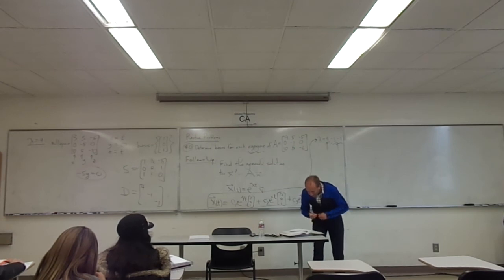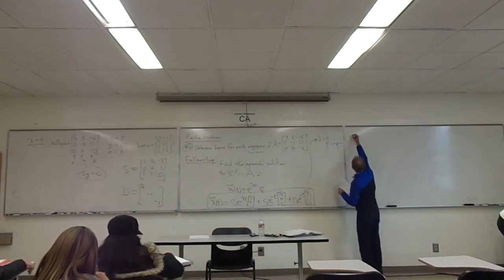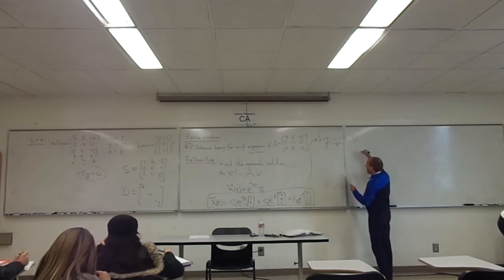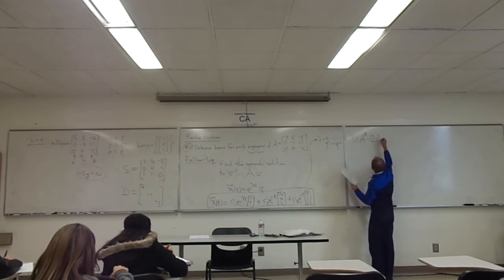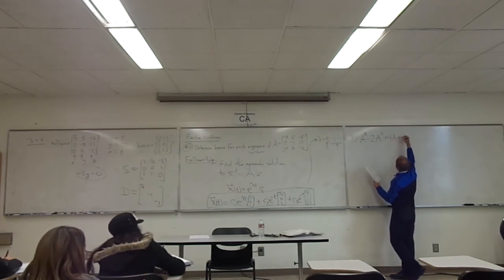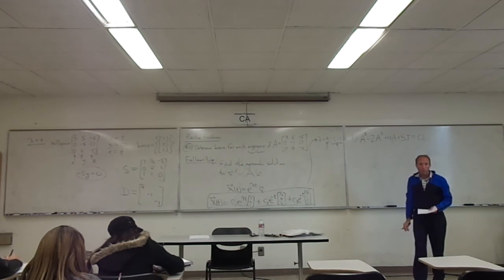All right, so now I'm going to go to the actual review sheet and start going through some of these problems. So let's look at problem number 1. It says, suppose that you have a matrix A such that A cubed minus 2A squared plus 4A plus 5 times the identity matrix is all equal to 0.